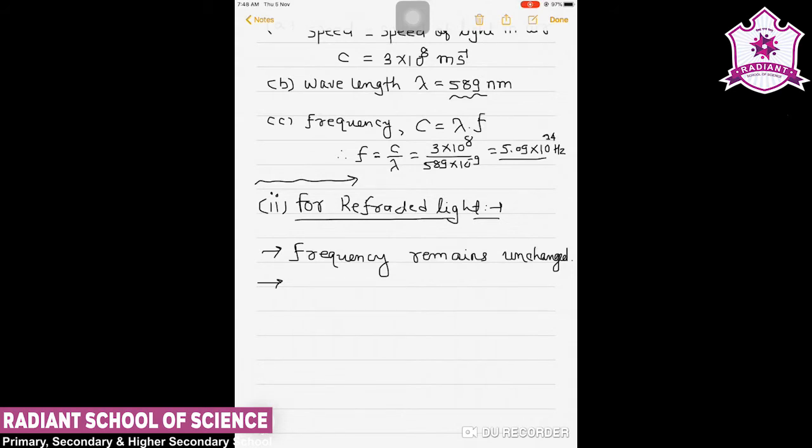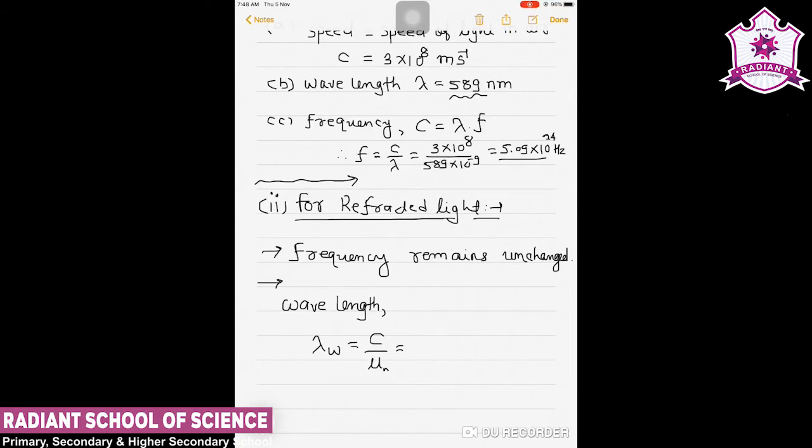So for wavelength we can say that lambda in water is equal to C by mu, where mu is the refractive index of water.